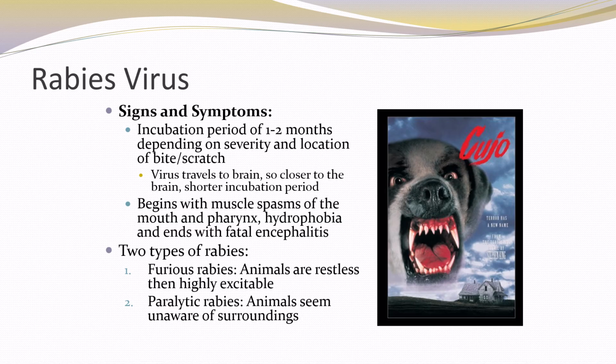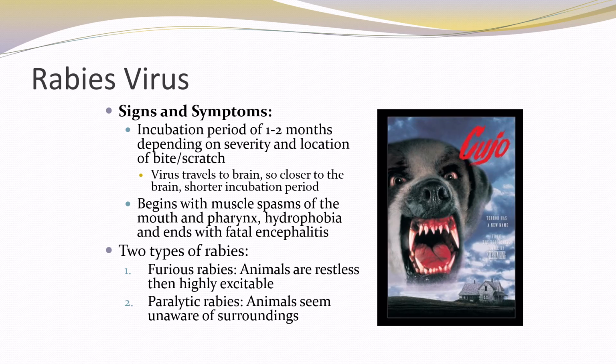They're more likely to attack, right? Versus paralytic rabies, where animals seem to be unaware of their surroundings. We see this in animals that are more predominantly nocturnal, something like a raccoon. During the daytime, they look like they're just wandering and kind of listless, not really knowing where they are or what they're doing.